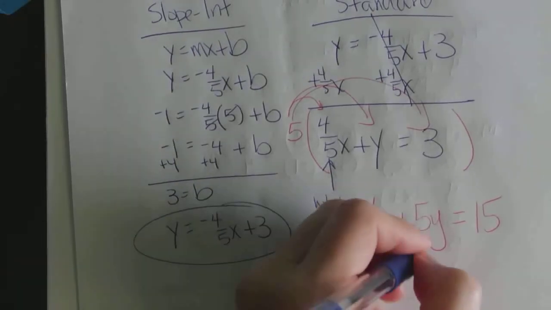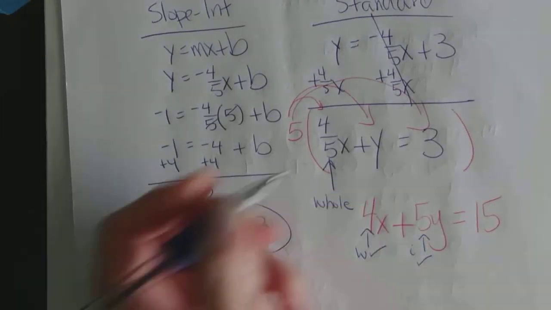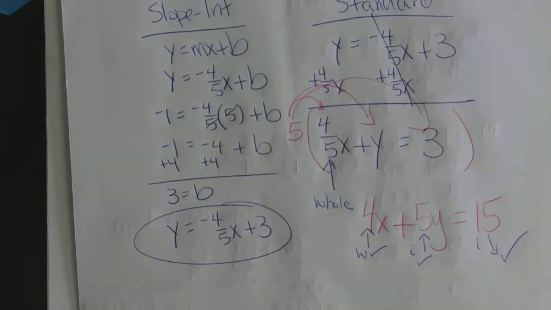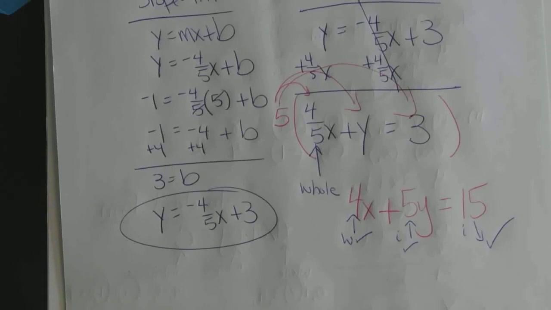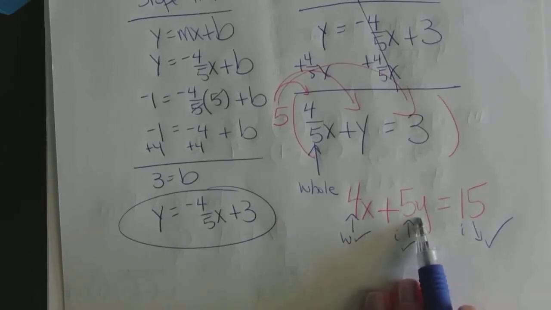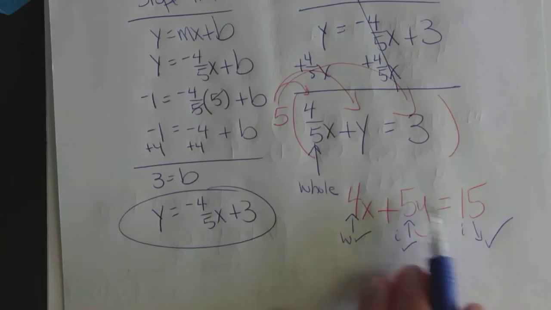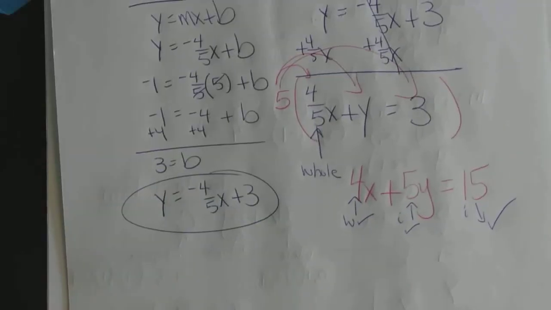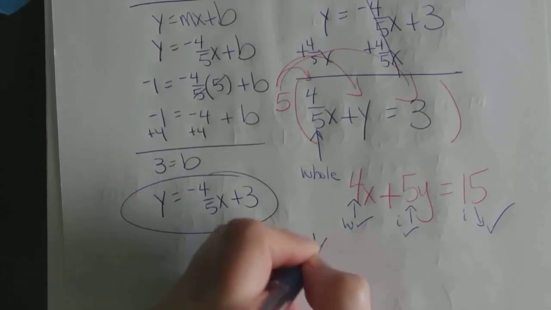Now, whole, yep, check. Integer, check. 15, integer, check. There is your standard form. 4x plus 5y equals 15. This is the same as this. It's just presented in a different outfit. Isn't that crazy?